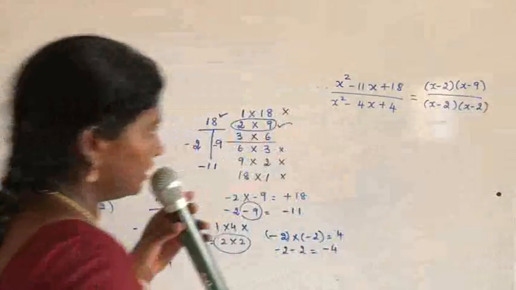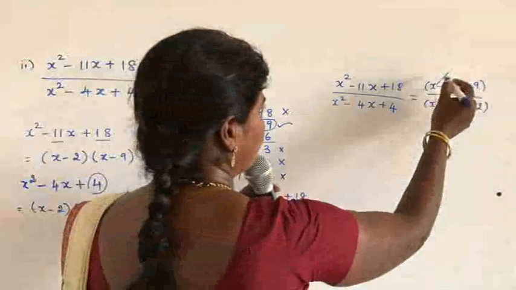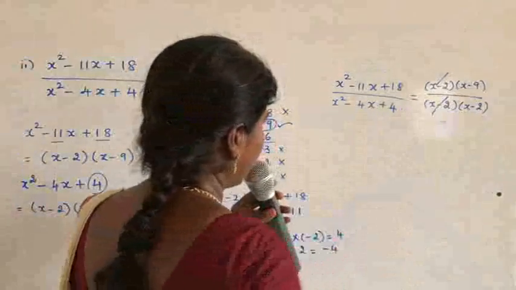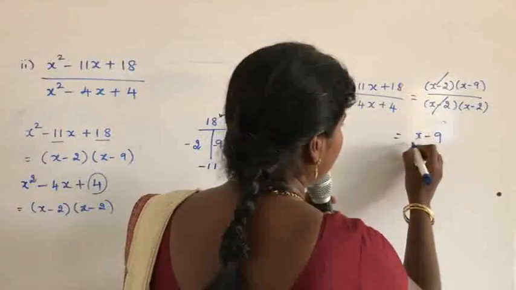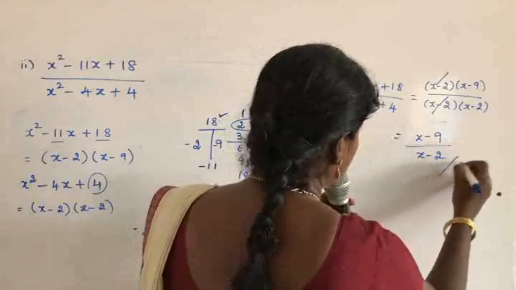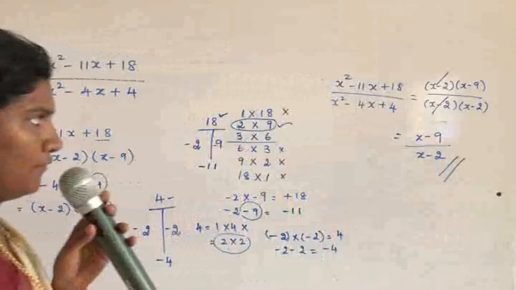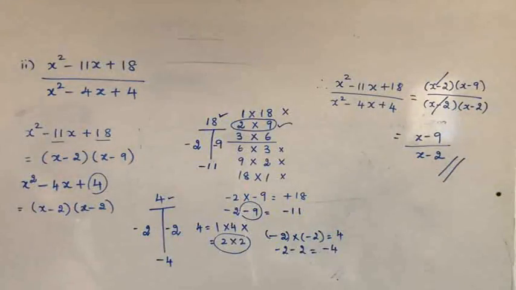So what is common in your numerator and denominator? We have x minus 2 and x minus 2, which can be cancelled. And what is left now here? x minus 9 upon x minus 2. This is our lowest form. So what is the answer? x minus 9 upon x minus 2.